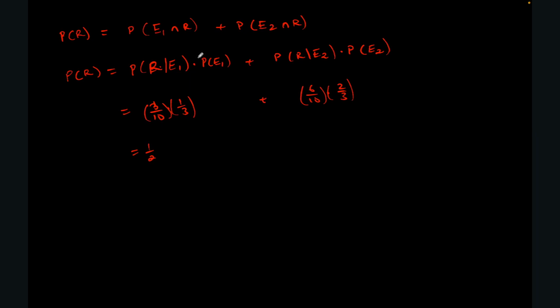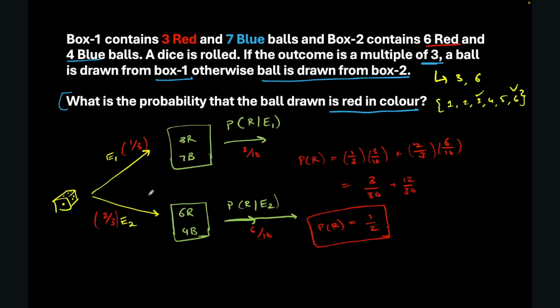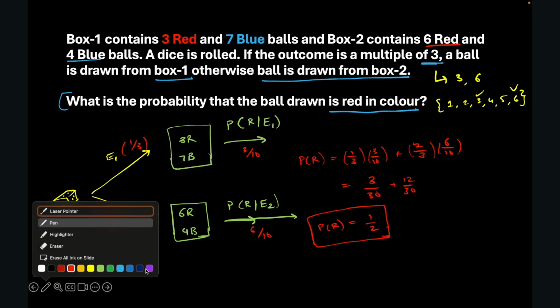It's not going to influence whether I roll a multiple of 3 or not. The probability of picking a red ball from either of the bags is going to be independent of what number I roll on my dice. So going back here, let me just change the color.